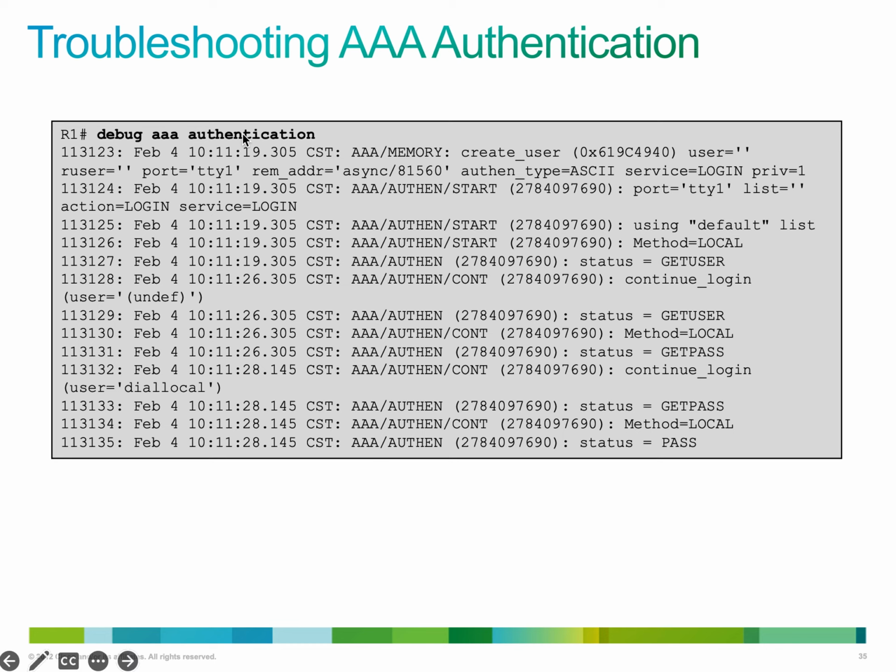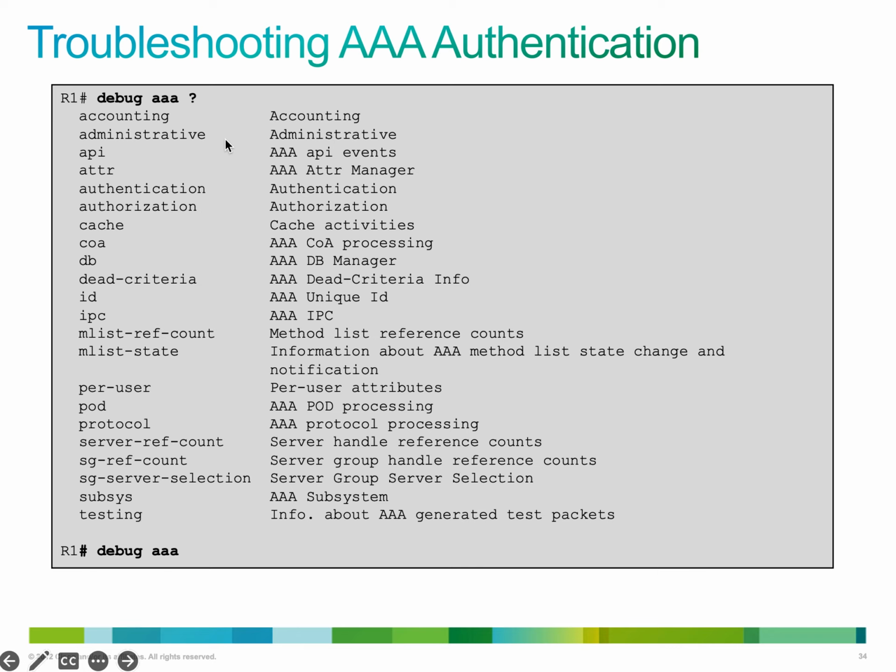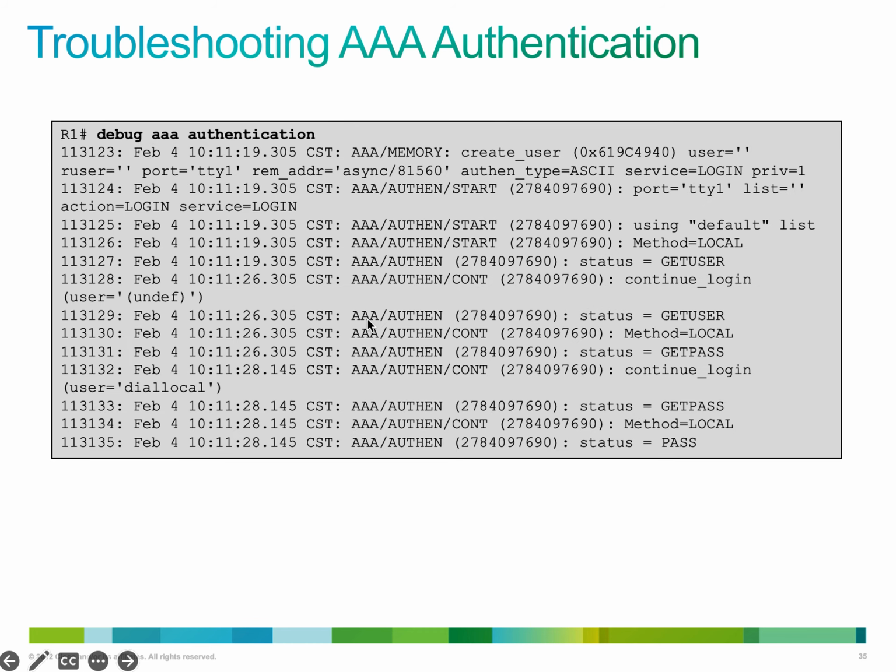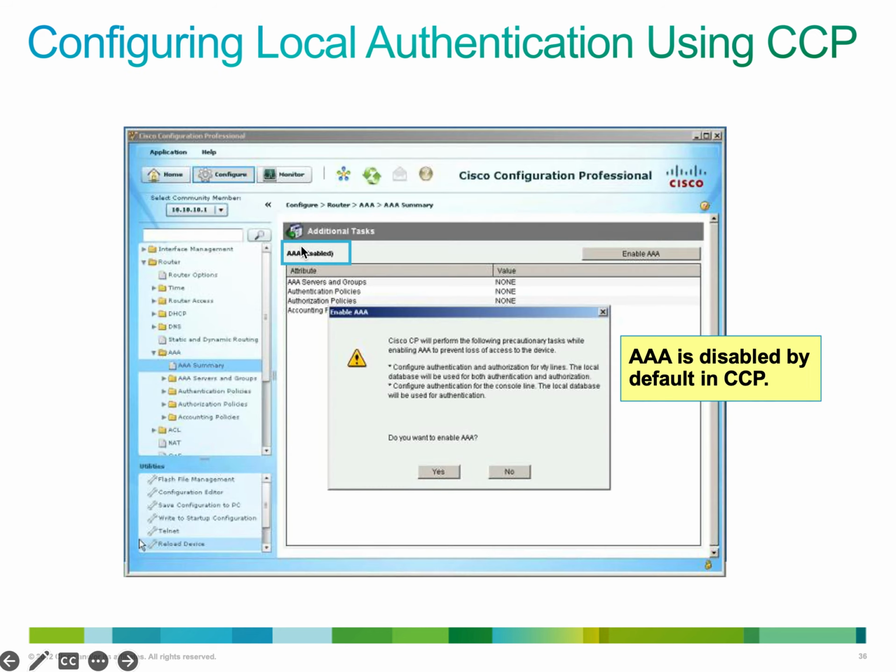The first one, debug AAA, will give you all the AAA accounting, administrative, everything on the AAA. Now, if you say router 1 hashtag debug AAA authentication, it will give you all the authentication date and timing for your AAA.